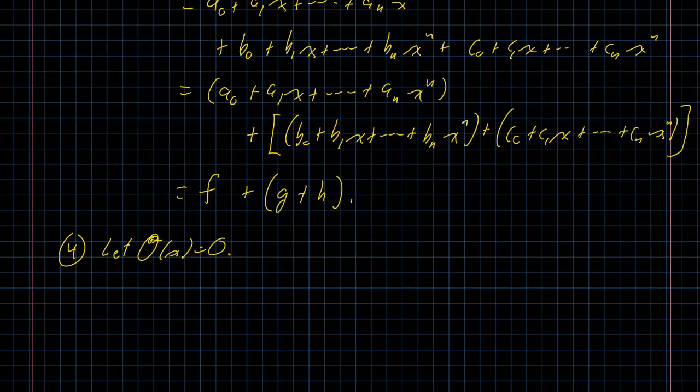For my zero vector, I'm going to use the null polynomial. I'll use a script letter O to represent it so it looks different from a zero, but O of x is the null polynomial, the zero polynomial.